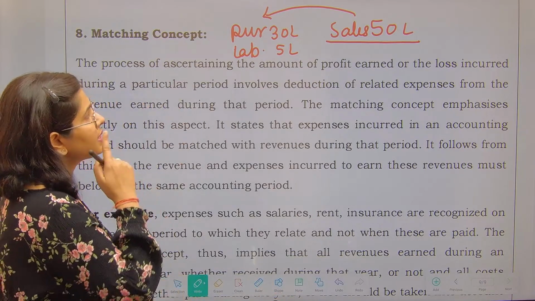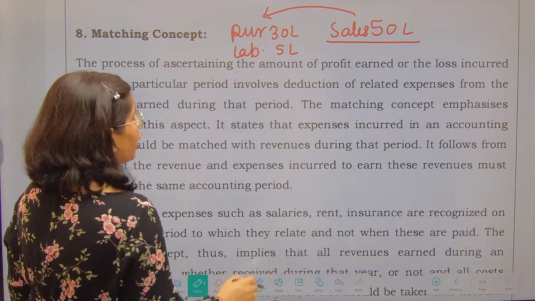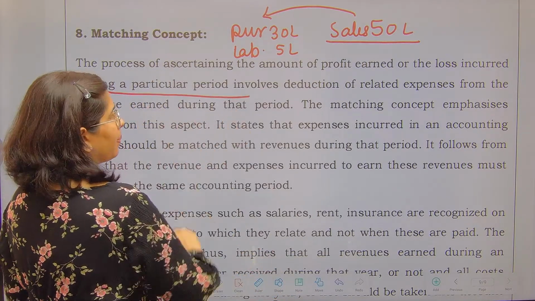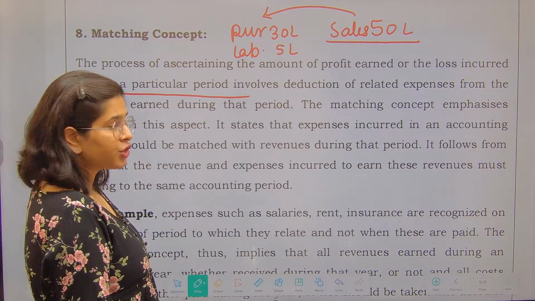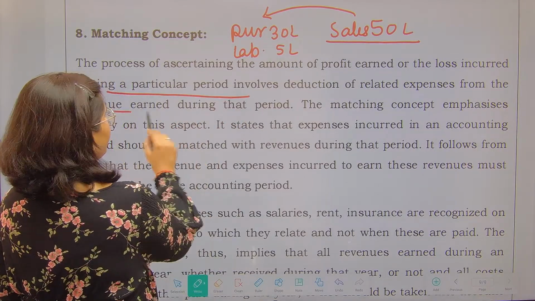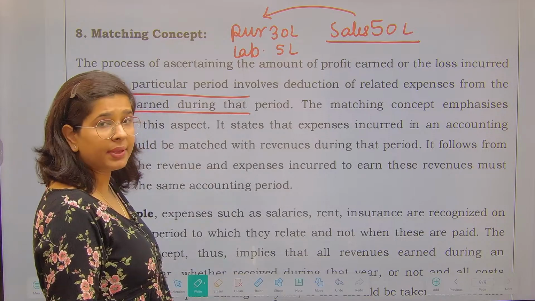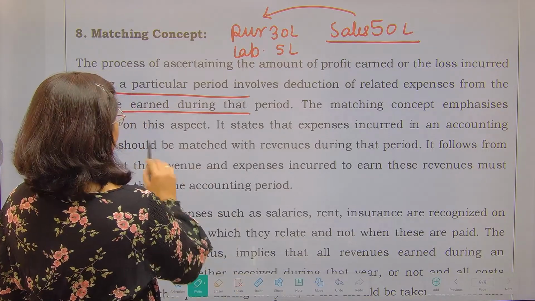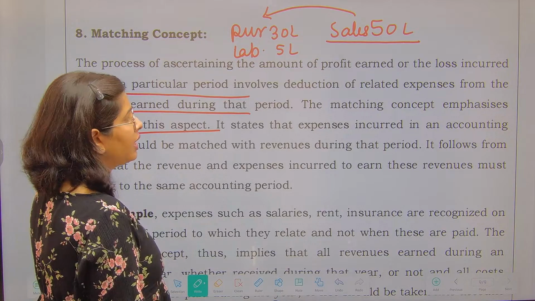The process of ascertaining the amount of profit earned or losses incurred during a particular period involves deduction of related expense from the revenue earned during that particular period. The matching concept emphasizes exactly this aspect.